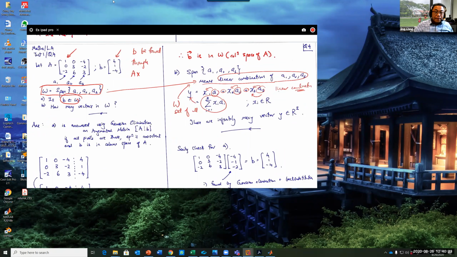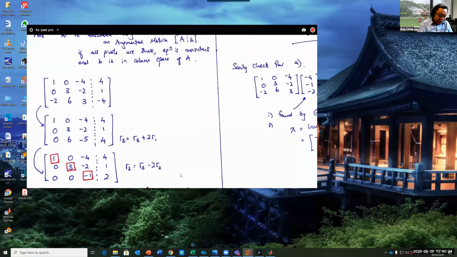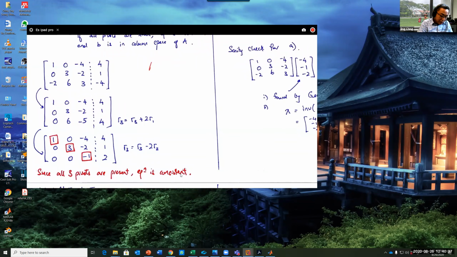Okay. Now, how do we solve for B in W? The answer is that in our particular case, it's easiest to solve by Gaussian elimination, because you are basically solving AX equals B, find the X. What you then do is put A and B together in the augmented matrix, and then do a lot of row reduction, hoping to find a matrix that looks like this.